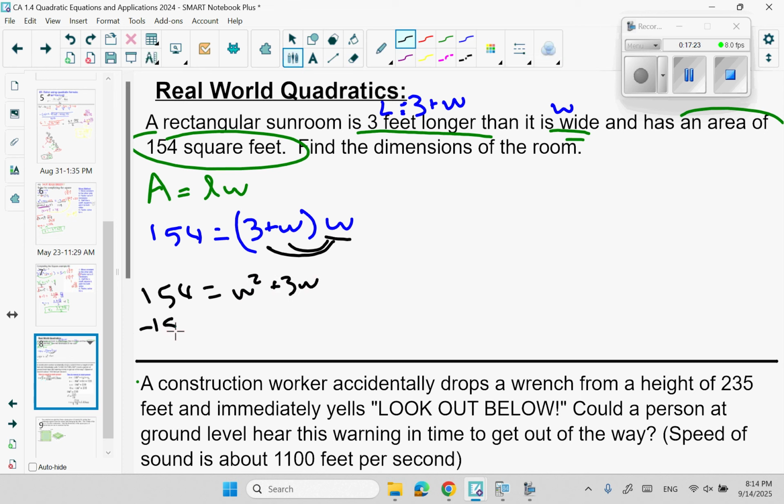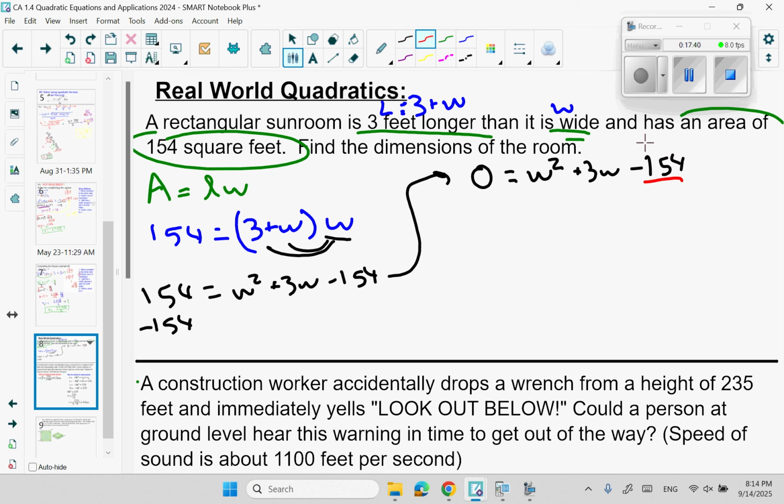We can subtract the 154 from both sides, and we can solve by factoring. So what multiplies to negative 154 that adds to positive 3? That would, of course, be W plus 14 and W minus 11.